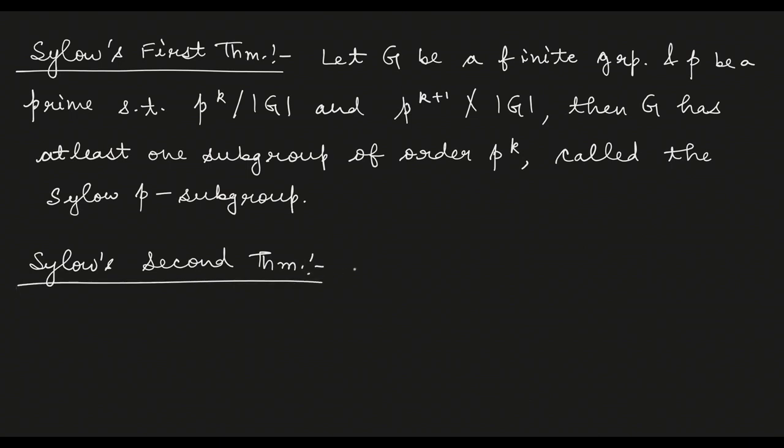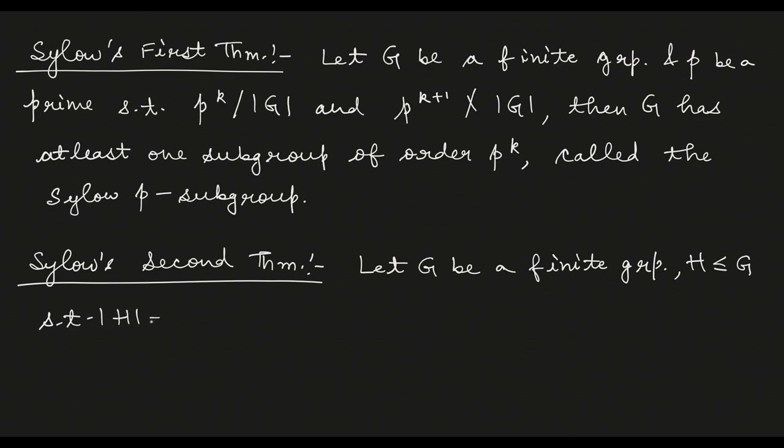Next, Sylow's second theorem. Let G be a finite group and H be a subgroup of G such that the order of H is equal to p to the power alpha.